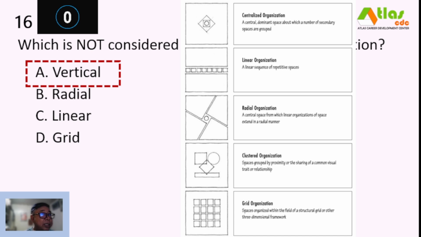And radial organization means a central space from which linear organizations of space extend in a radial manner. And clustered organization are spaces grouped by proximity or the sharing of a common visual trait or relationship. And grid organization are when spaces are organized within the field of a structural grid or other three-dimensional framework.